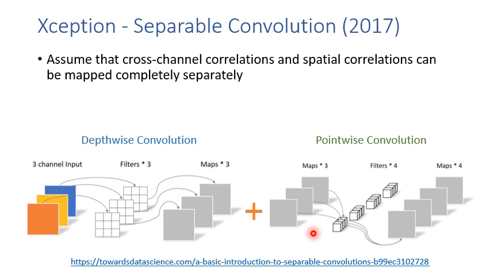And then in the second step, pointwise, we use the channel-wise filter to combine the 3 independent feature maps and generate the output feature map, depending on your output dimension. So it first uses a 2-dimension filter to process each channel independently, and then uses the pointwise convolution to combine the feature maps and make the output.